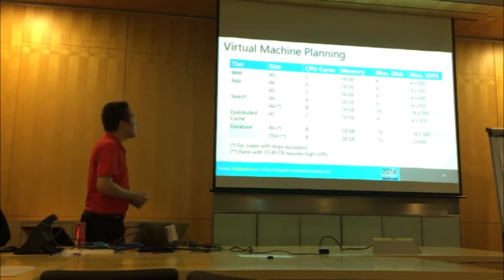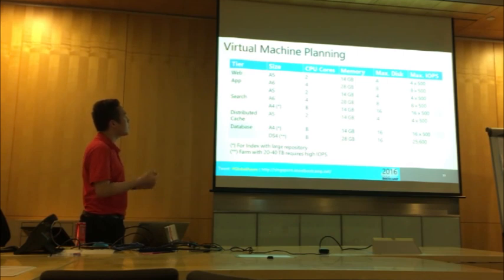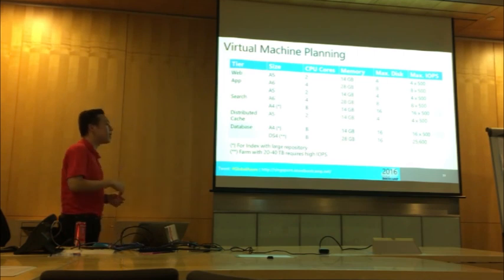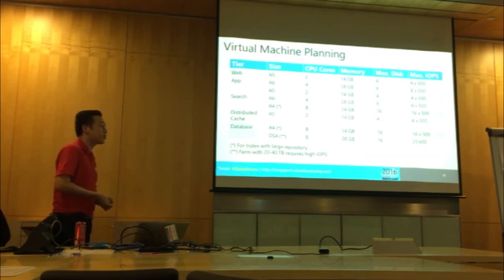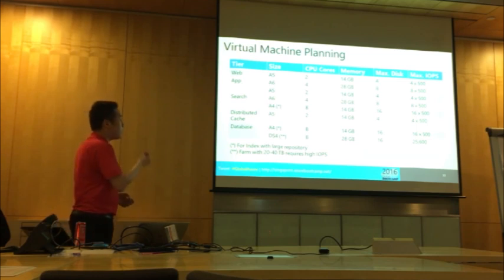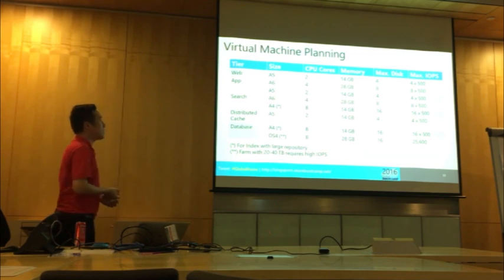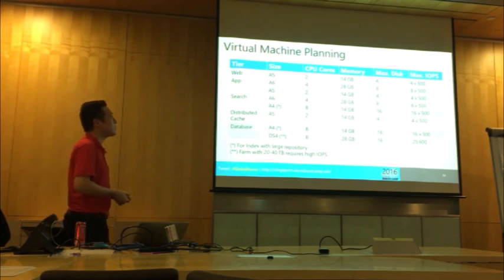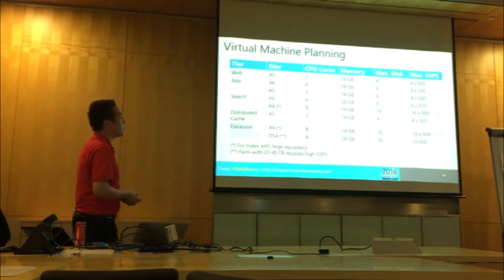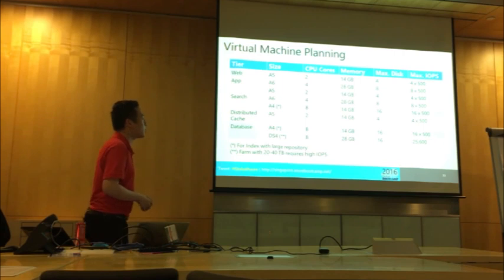For the application server, the VM size may vary depending on what you are going to build in your SharePoint. For example, in the application server, I use A6. The number of cores is 4 and the RAM is 28.